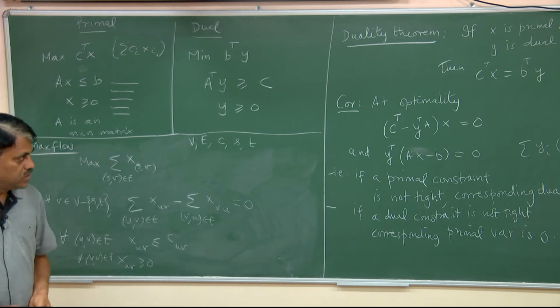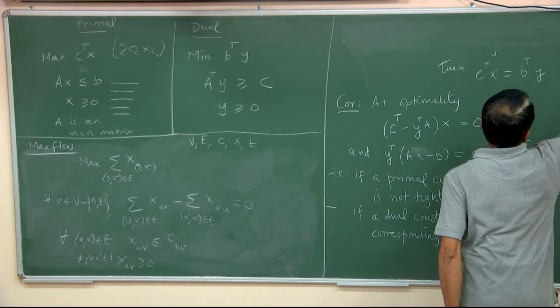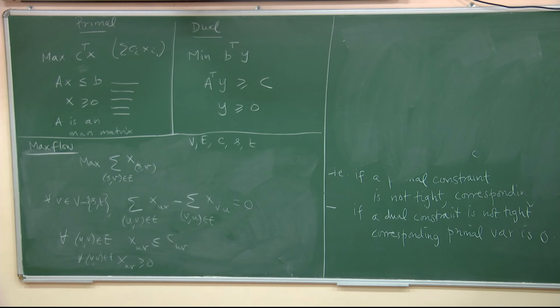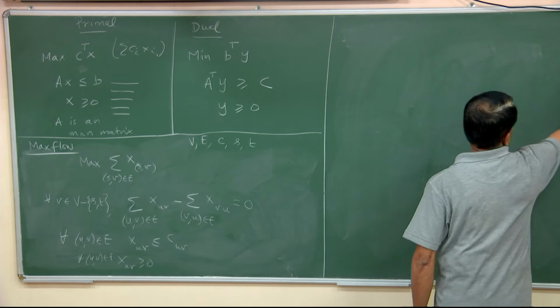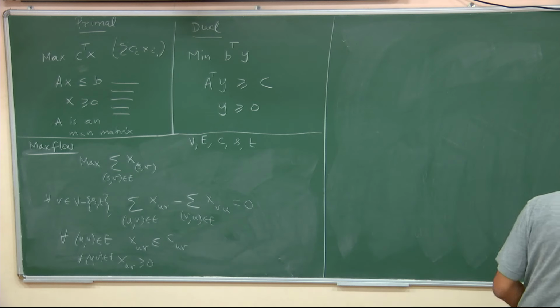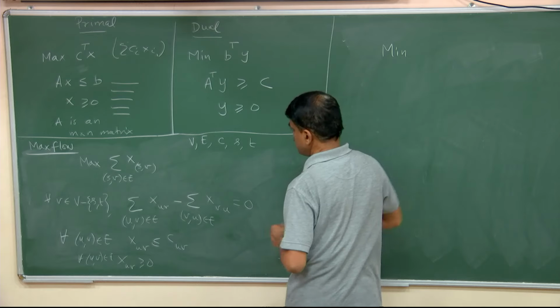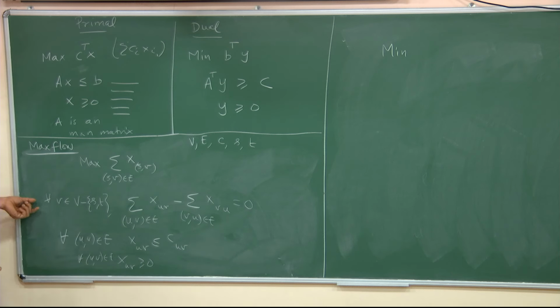Okay, let's write the dual. So how do you write the dual? It's a minimization problem. You have a variable for every constraint.